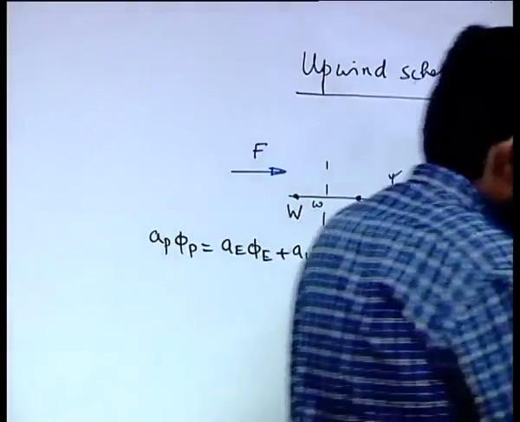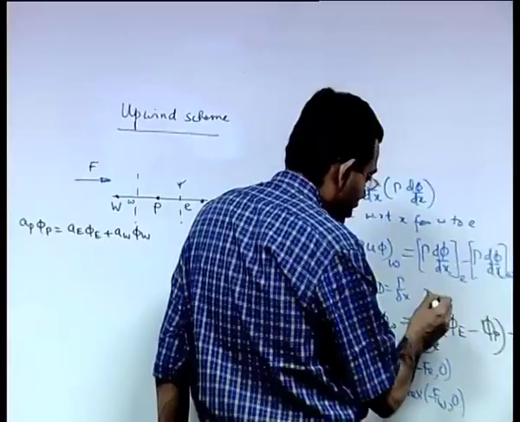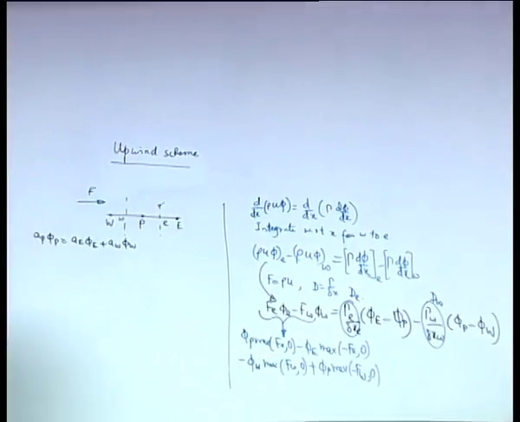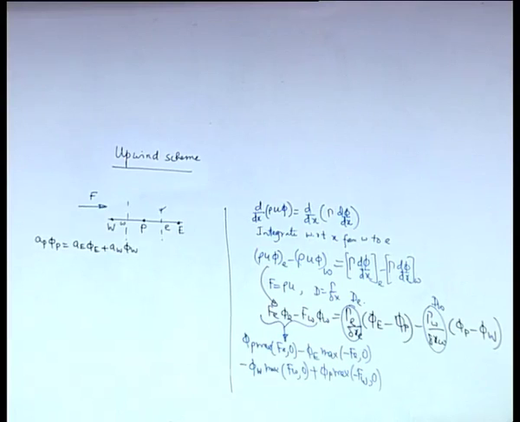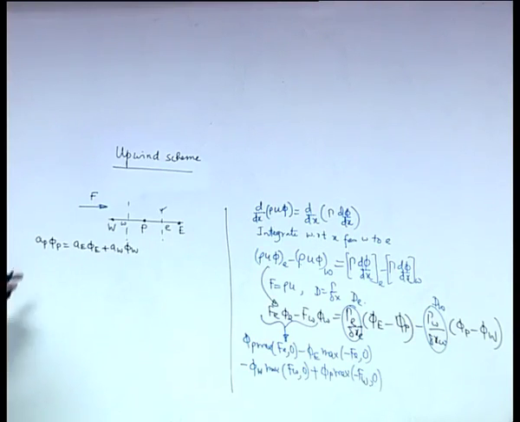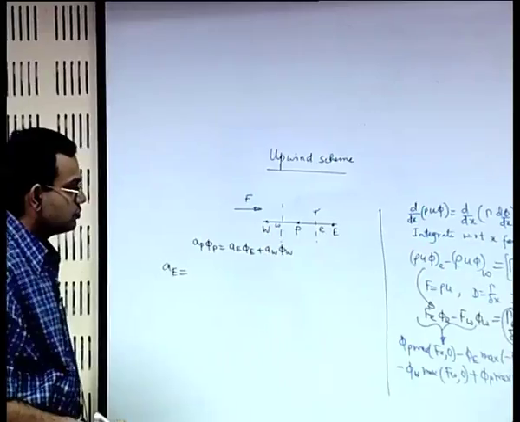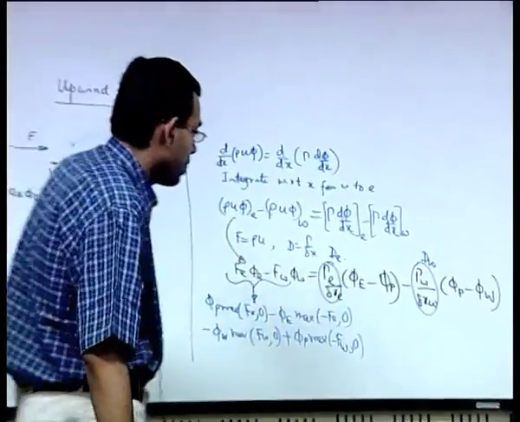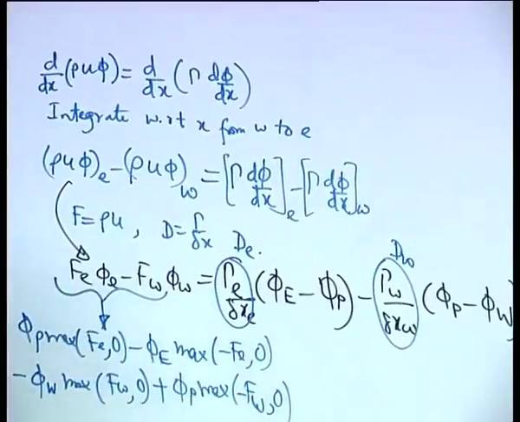So, to use the symbol D we can call this as D_E and we can call this as D_W. So, what we can do, we can write A_E equal to, what is A_E? We can take the coefficient of phi_e on the other side plus there is a D_E on the other side.